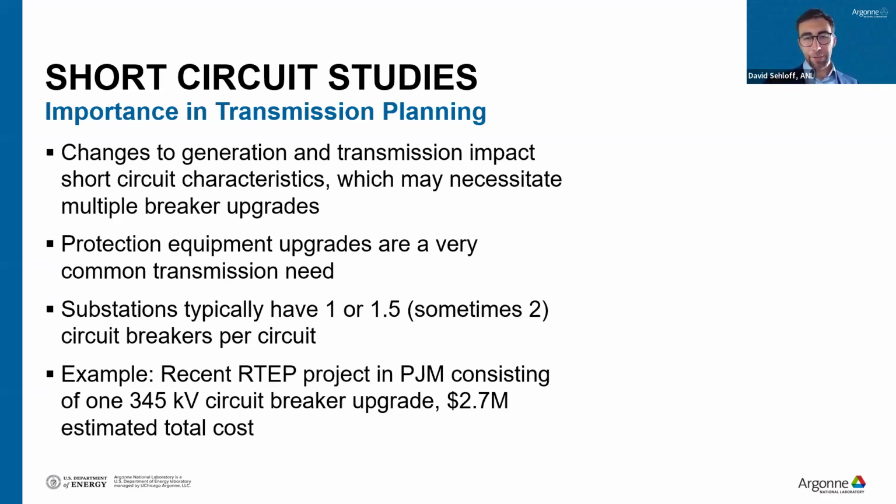And just an example, there was a project in PJM that required a 345 kV circuit breaker upgrade. Just one breaker was a $2.7 million project. So it may seem small, but these transmission breakers, the costs can add up quite quickly. Next slide, please.